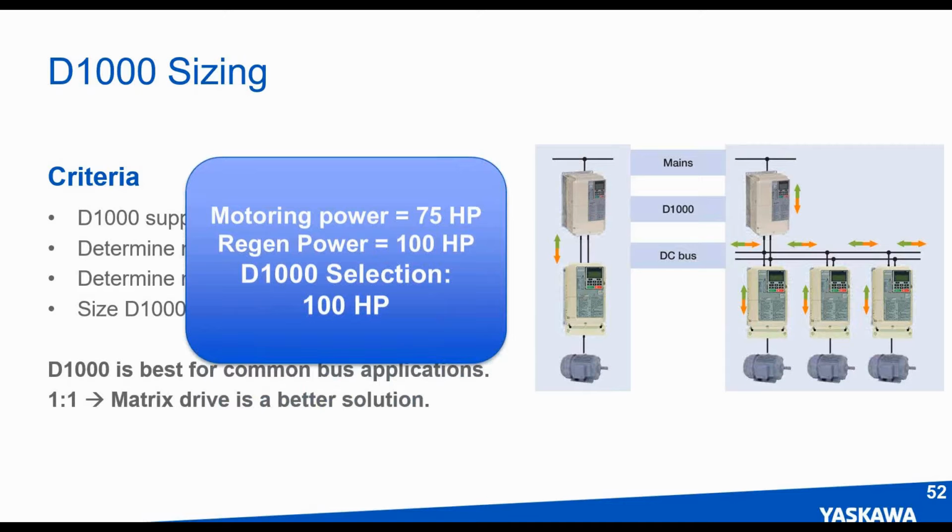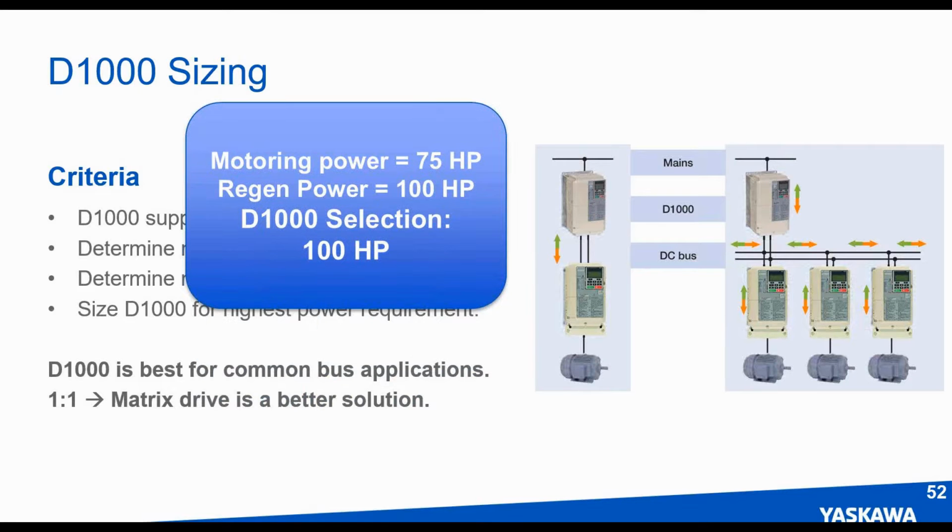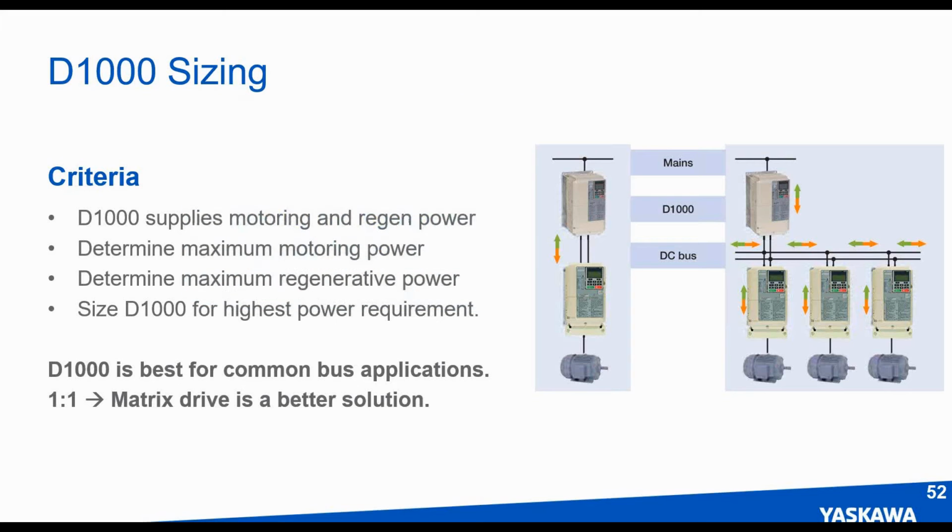In regen, we're actually going to do 100 horsepower worth of regen. So in this case, we don't just size to the motor, which is 75 horsepower. We want to use a D1000 that's 100 horsepower. Again, a one-to-one configuration is possible, but common bus applications are best for the D1000. I'd suggest the U1000 for most one-to-one configurations.